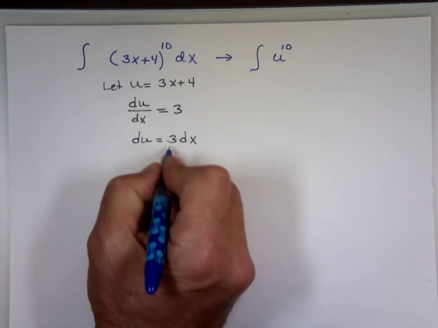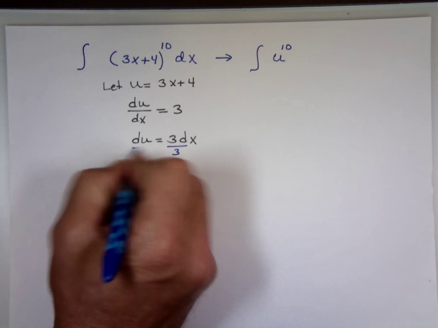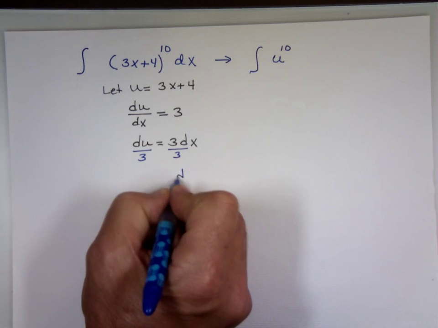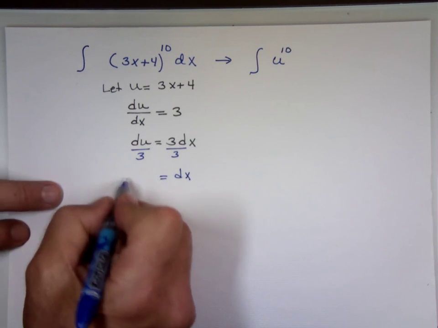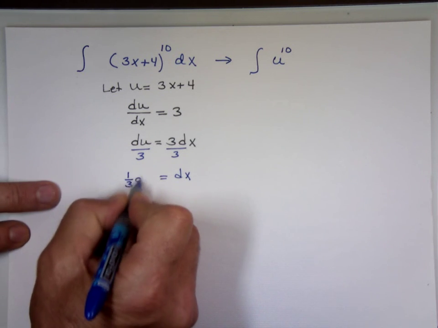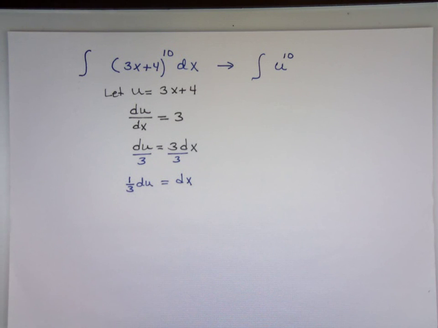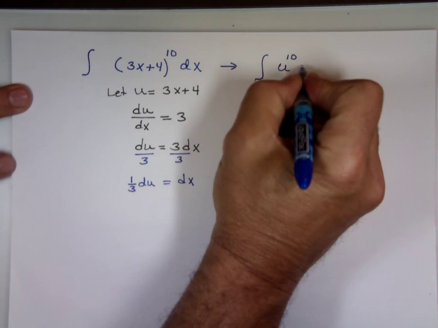How about if I divide both sides by 3? What's dx equal to? Isn't that 1/3 du? So now in place of dx, I'm going to write 1/3 du.